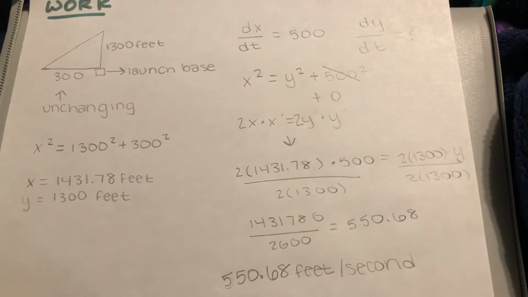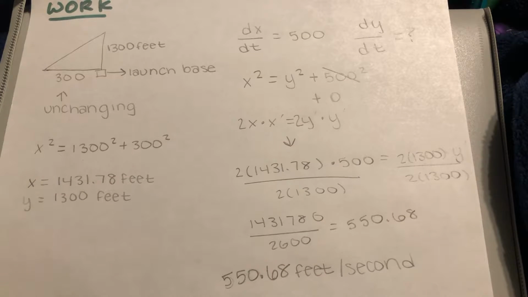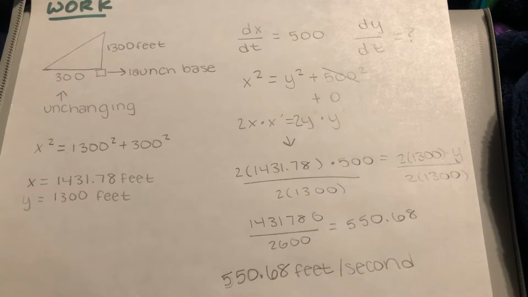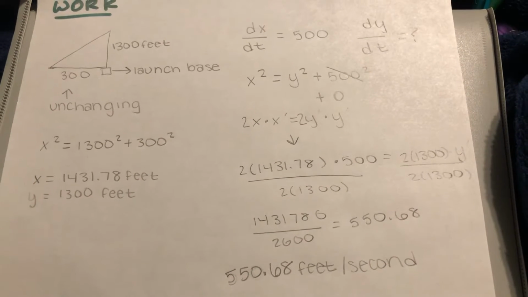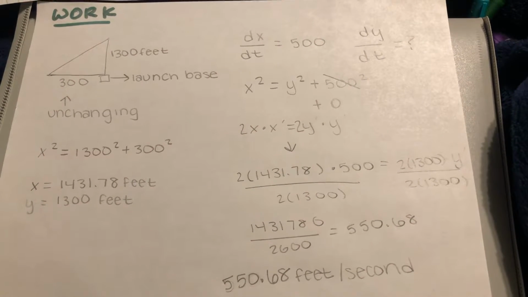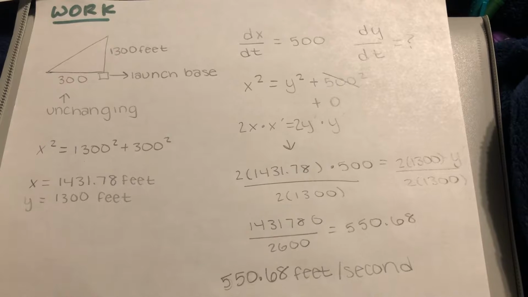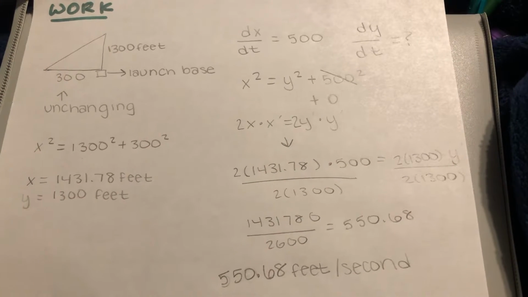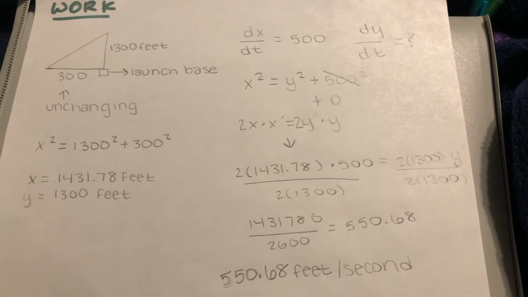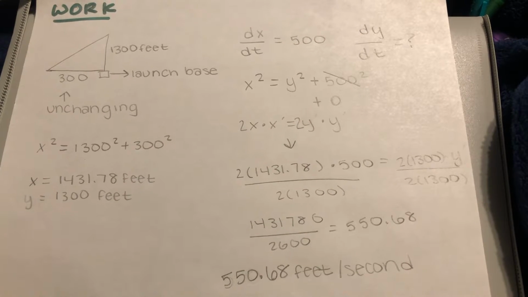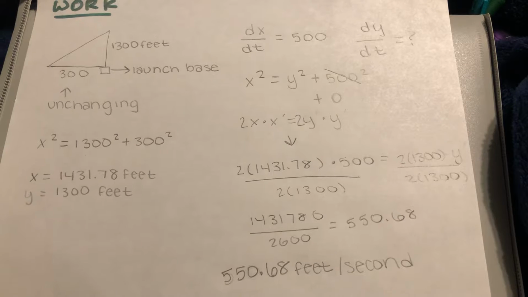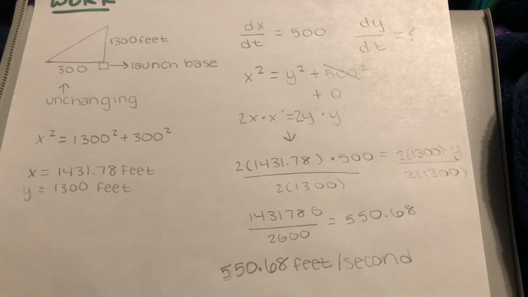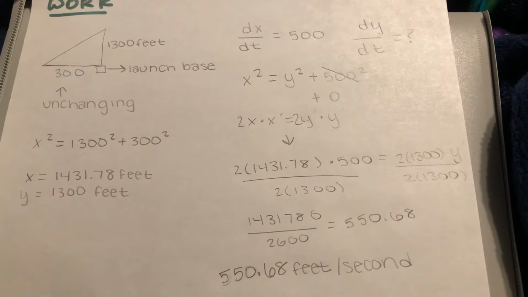You don't know x in this equation, so you're doing the Pythagorean theorem to find x, and I got this really ugly number because my things didn't work. It's 1,431.78 roughly, and y equals 1,300 feet.